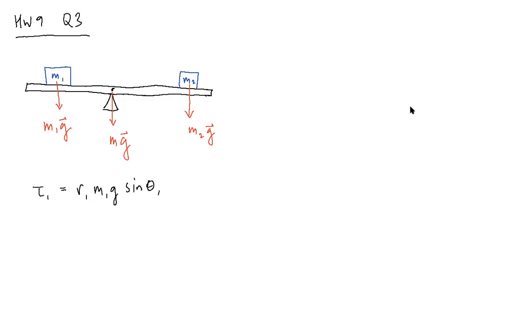Let me label this for you here. R1 is this distance, the distance between the barycenter of m1 and the pivot point. So this is the lever arm that the smaller kid is applying its torque from.